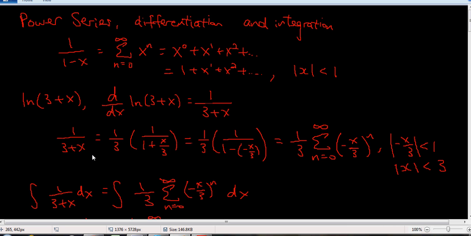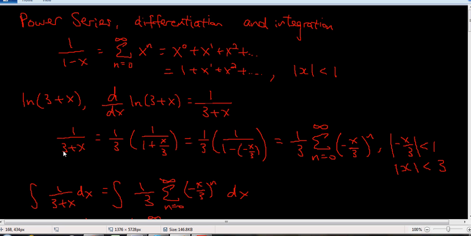So I've factored out the 3. If there's something on the top, you could just leave that on the outside for the time being and then multiply back in afterwards, just like in the first iClicker question we did last Friday. So I can use the formula and get back this. So 1 over 3 plus x is equal to this power series.